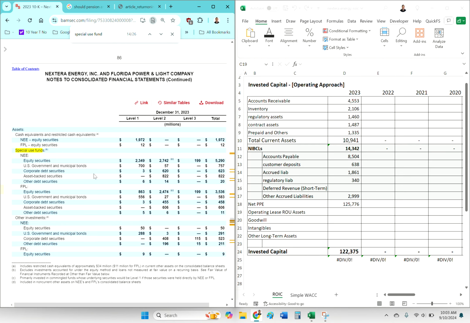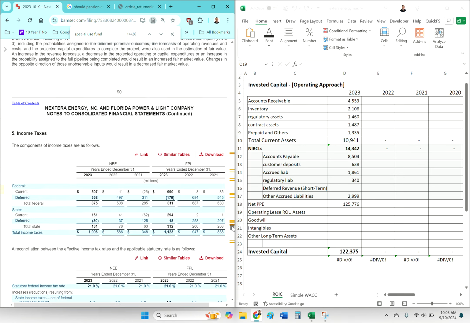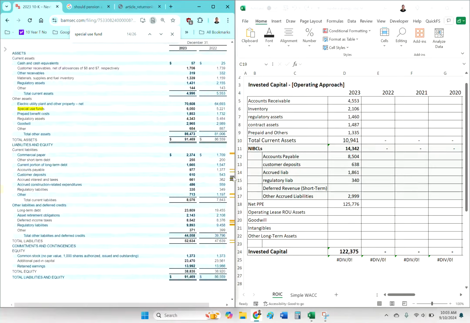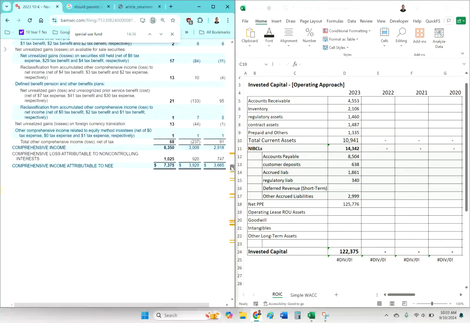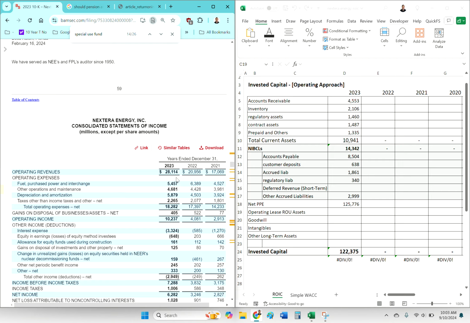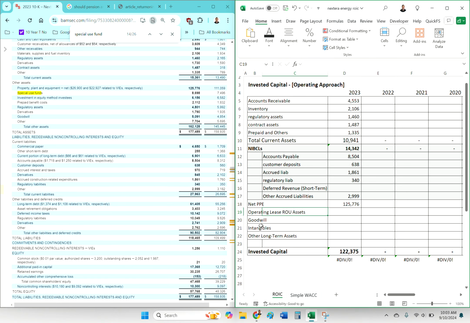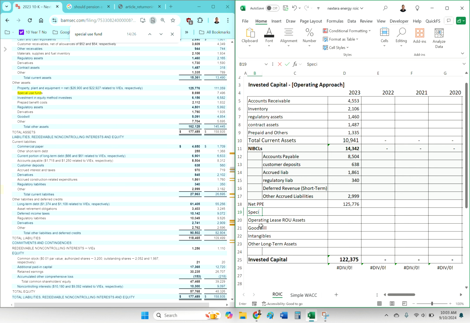Usually when I see that, I would think, okay, this is just kind of redundant cash, like another form of cash or securities that they're just keeping for a rainy day fund. But as we saw in the other notes, it is something that they have special use cases for. So in that case, we are going to add them as part of the core operating part of the business.